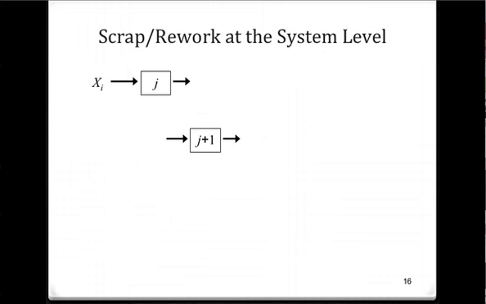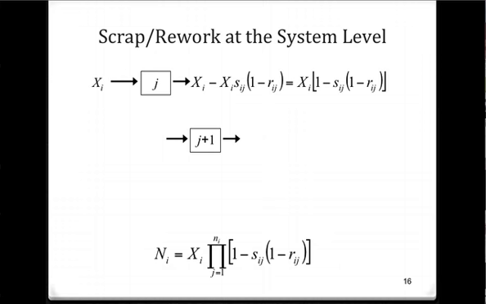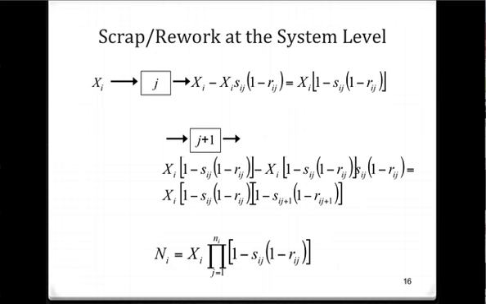So if we go back to our individual process model and we incorporate that at a system level, what we see is flow starting at the first station, J, and then moving to the next station, J plus 1. And if you recall, we have the probability of rework, and then small s here is the scrap rate at this workstation J. Well, as you can see what's going to happen here, we've seen this calculation before.